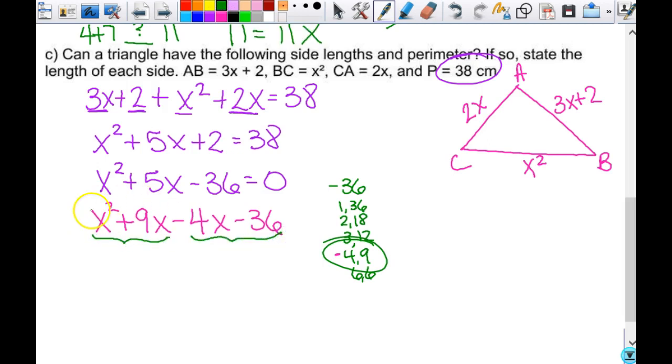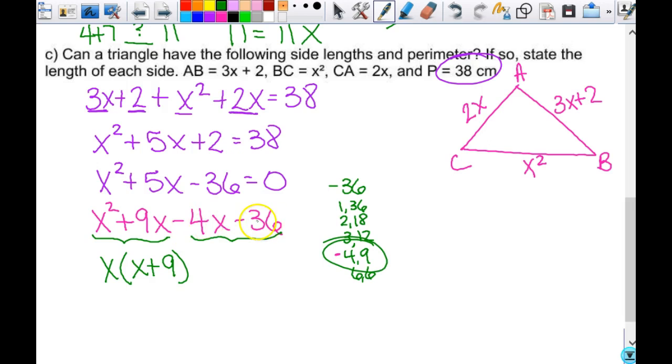So here, what can I factor out of the x squared plus 9x? X. So that's going to leave me with x plus what? 9, okay? Here, if what you have in front of your x is negative, you have to factor the negative out.